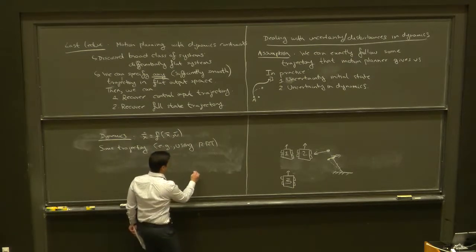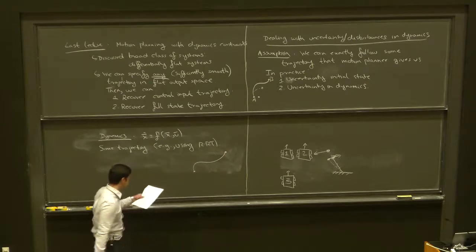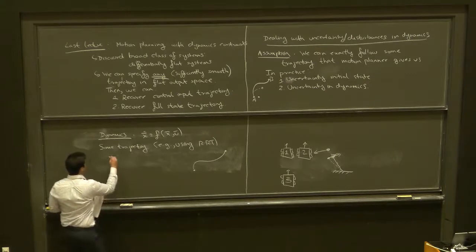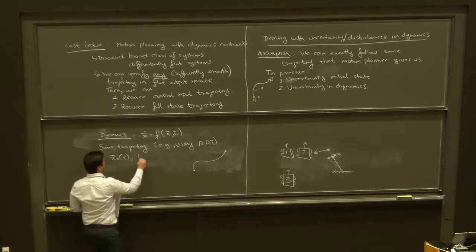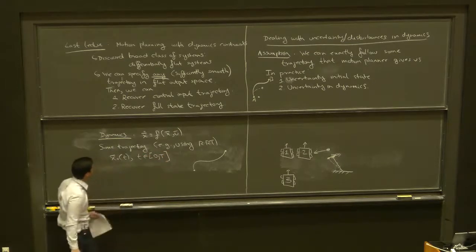Just pictorially, this is a trajectory in state space. I'm going to call the trajectory x0. It's a function of time, where time goes from 0 to capital T.